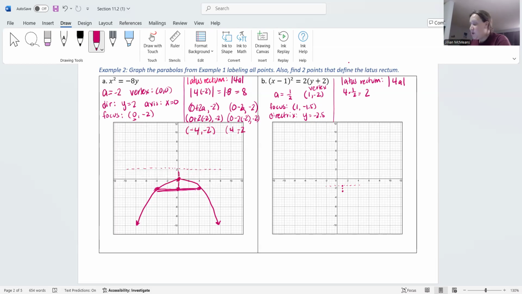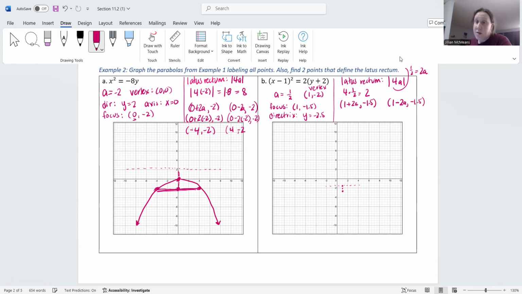Okay, I'm just going to do this gentle dotted line so we can really see what the focus is. We need to make sure we understand that the y coordinate isn't changing, the x coordinate is. So we're going to take the original x coordinate, which is 1, and add 2a, because half of this equals 2a, and keep the y coordinate exactly the same, which was -1.5. Then we're going to take the x coordinate and subtract 2a, and keep the y coordinate exactly the same.